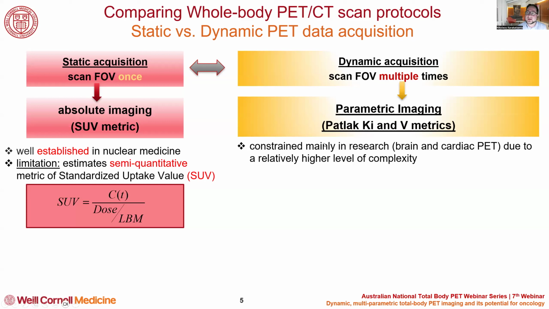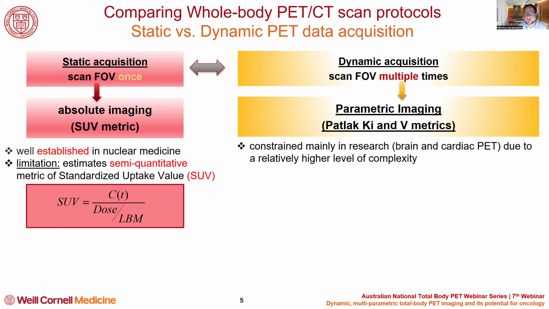And by doing so, we can obtain parametric images beyond the standardized uptake value, such as the Patlak images. And this is something additional in terms of information for the physicians that can help them identify more subtle features of tumors or other diseases.